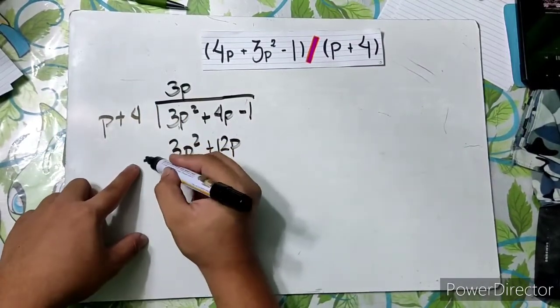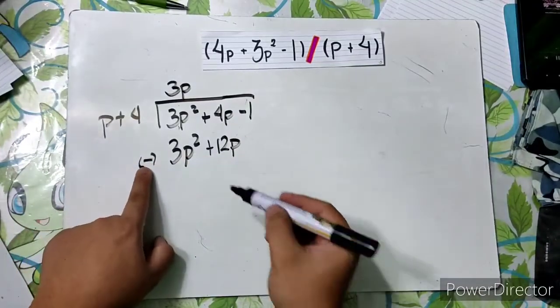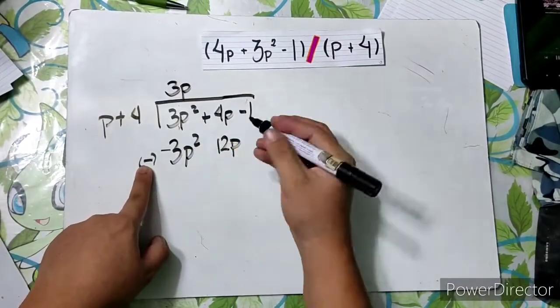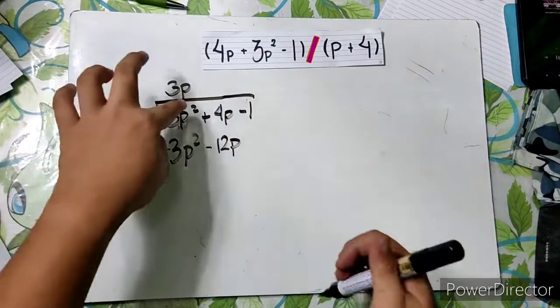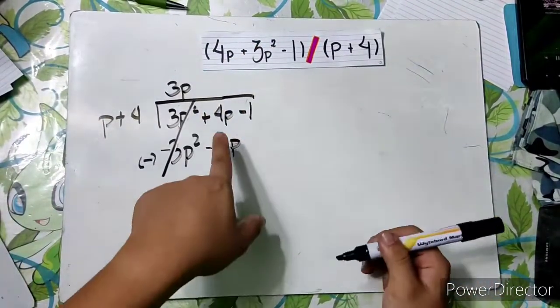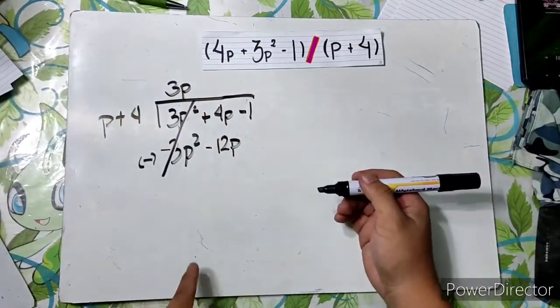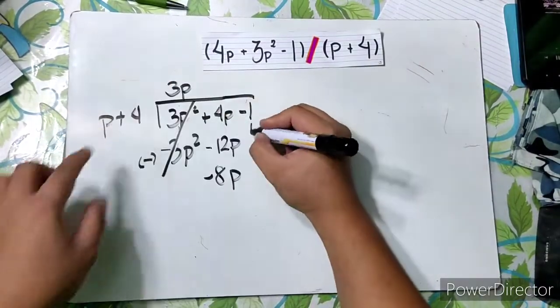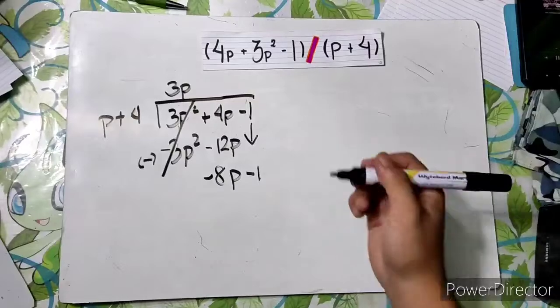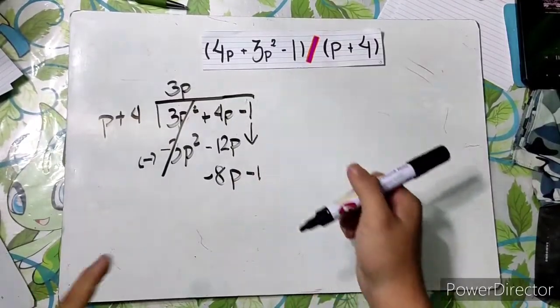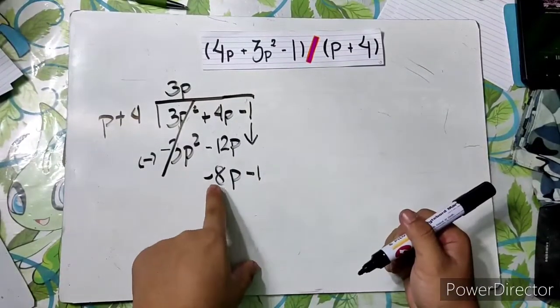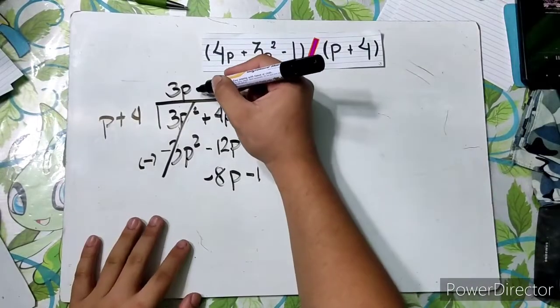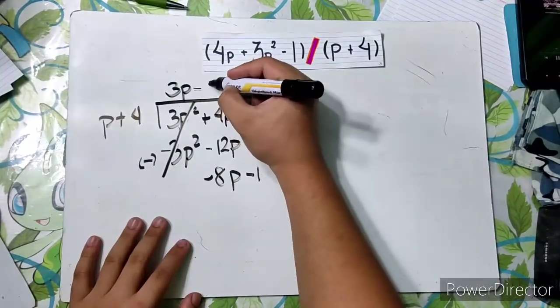And since we are subtracting, this will become negative and this will become negative. So this will be cancelled out. Positive 4p minus 12p will become negative 8p. So we'll bring this one down, negative 1. And let's think of a number that can be added to negative 8p. So it will be negative 8.